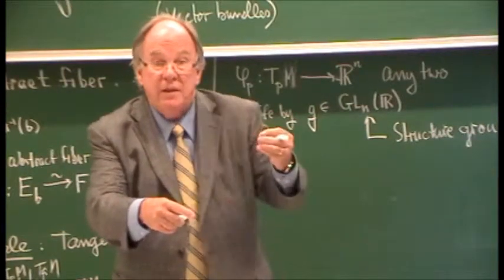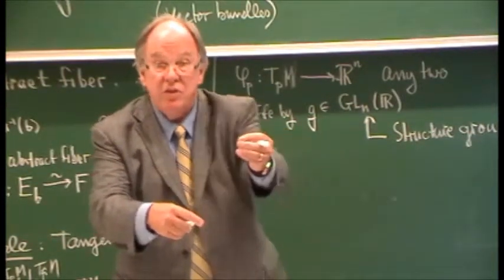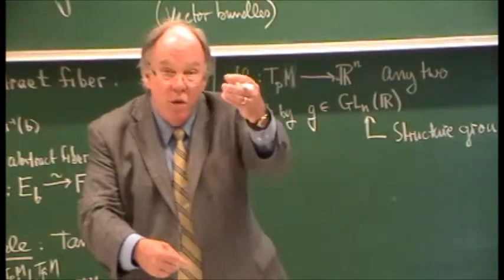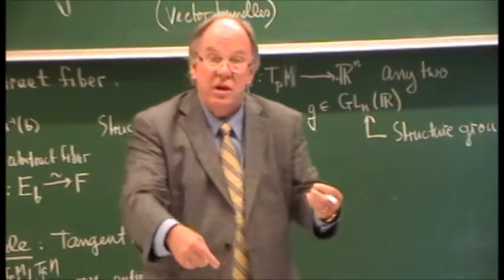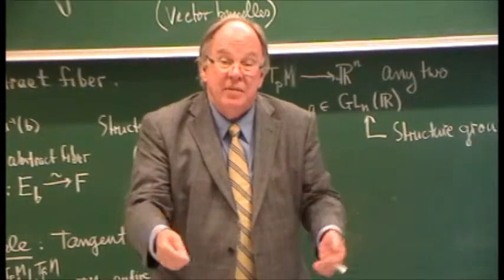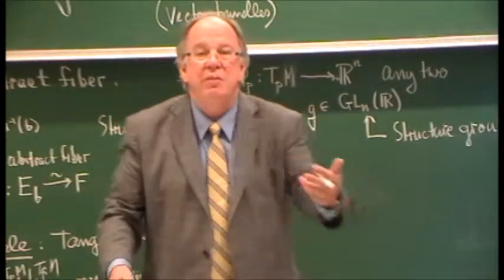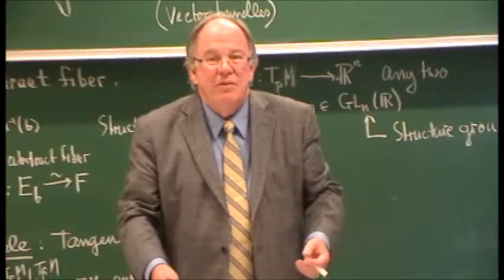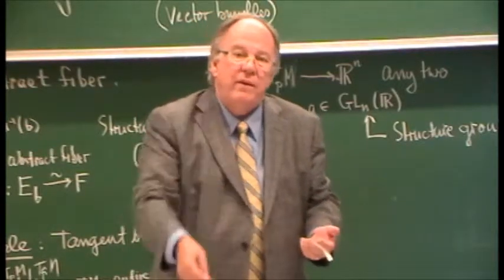That says if I pull back the topological structure by the original bijective map or by another bijective map, it doesn't matter. So I equip this fiber with the structure of Rn, and it's well defined. The point is, I don't want to tell you which bijective map I have. There are all sorts of them, but they only differ by what's going on in the fiber. Okay?